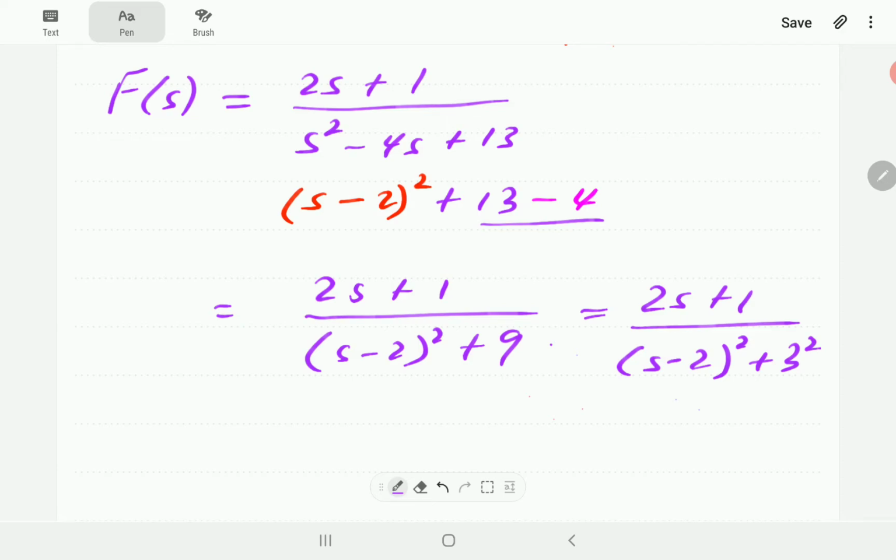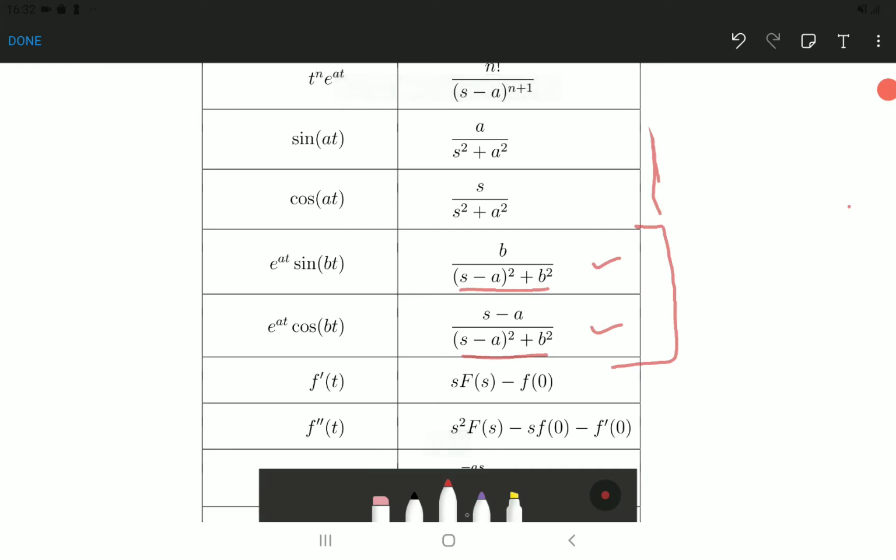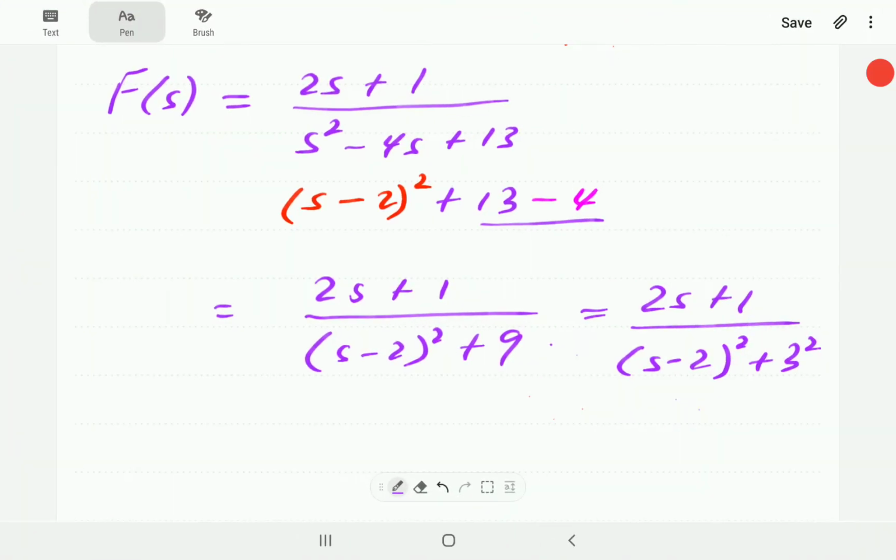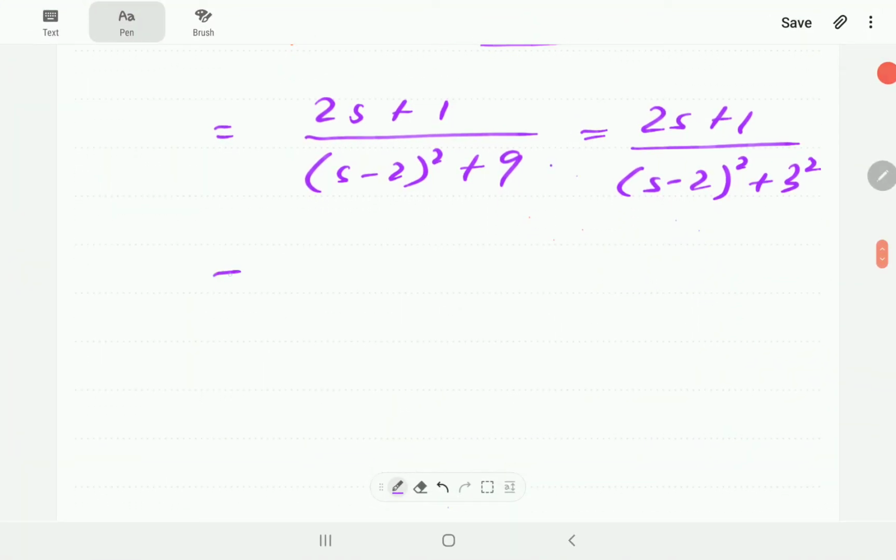Now if we go back to our table, what we have now looks a bit like this one here, because we have s in the numerator. However, for this one, the term in the numerator is identical to the term inside the brackets. So that is the next thing we're going to try to do algebraically.